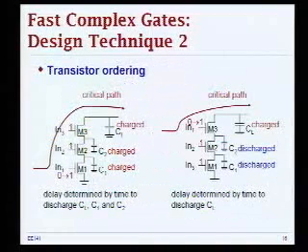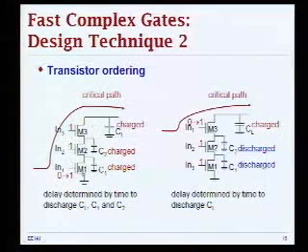Another thing is, as we discussed, how do you improve the speed of your gate? Let's assume that we have a certain configuration of a pull-down stack, and let's assume that our critical path goes through the bottom transistor. Critical path means the signal that triggers your gate the latest.